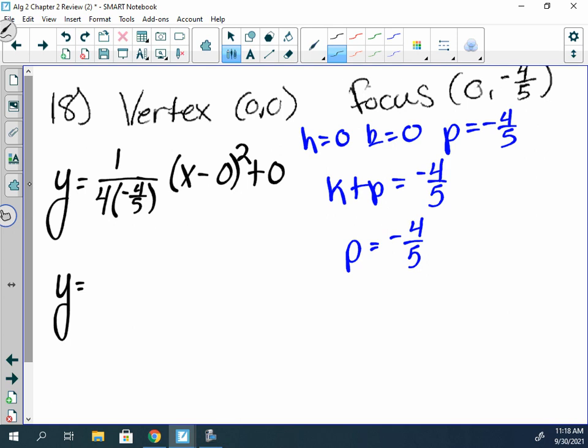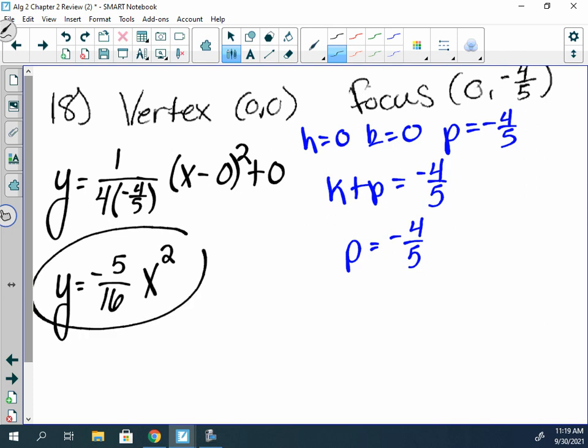It'll give us a fraction. So we can go on and just plug it in, and it should be negative 5/16 x squared. Because the x minus 0 squared is just going to be x squared. Questions on this here?